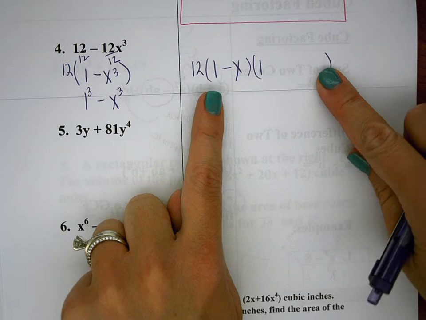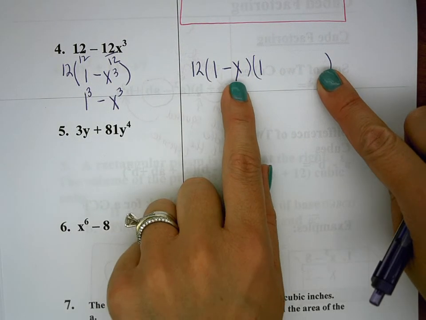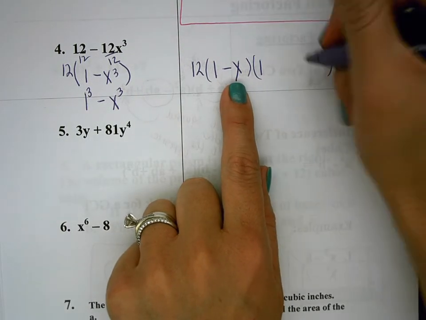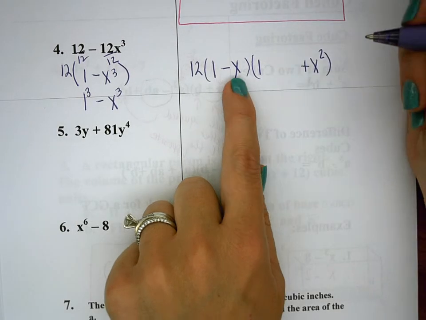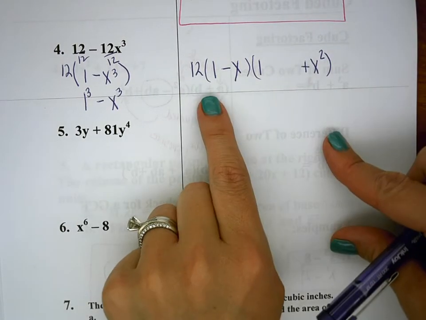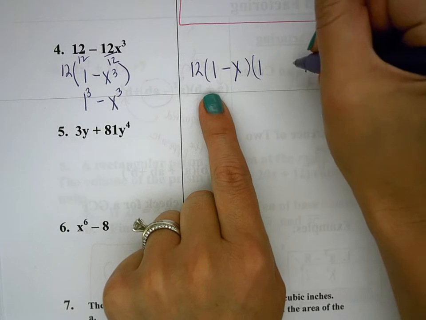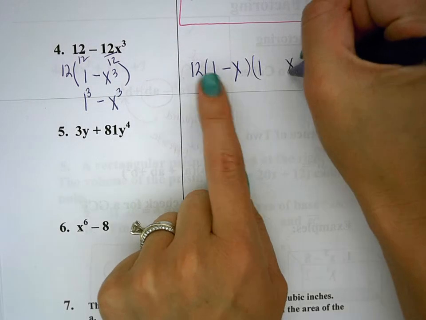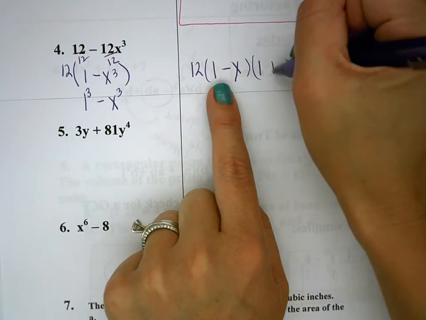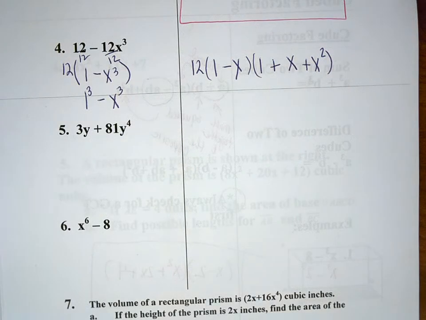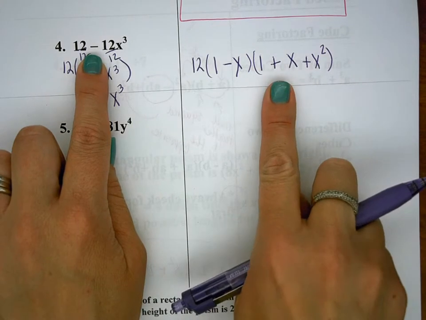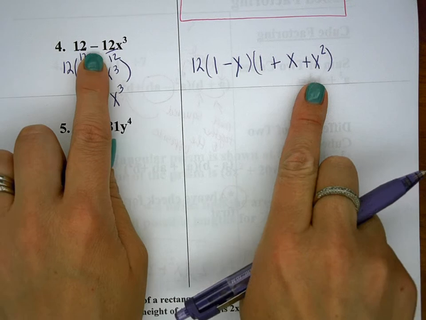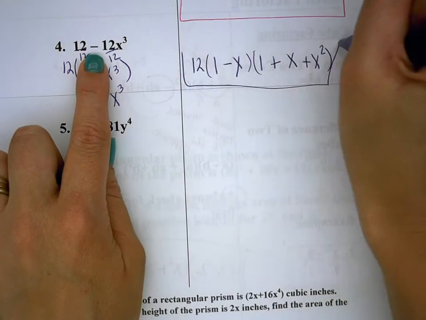My last term is my last term squared, and x squared is x squared. And again, it's always positive. My middle term is these multiplied together. 1 times x is 1x, or x. And since this is minus, this is plus. And if we use SOAP, same, opposite, always positive. And there's my answer.